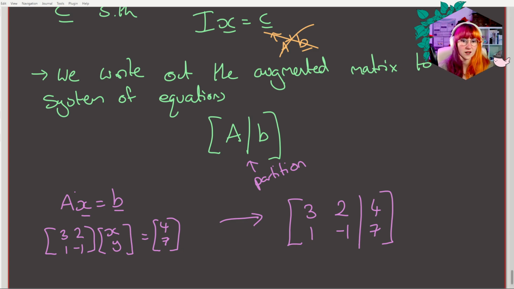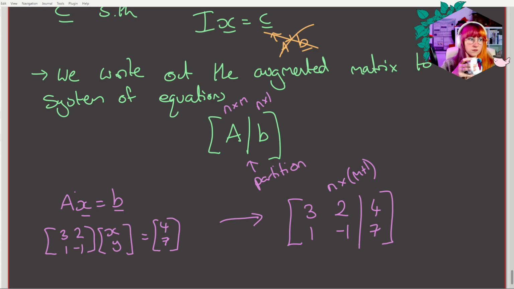But generally speaking, if this is an n by m matrix and this is going to be an n by 1, this is an n by m plus 1. You just add an extra column on. Is that right? Yes, but I've done my m and my n the wrong way around.